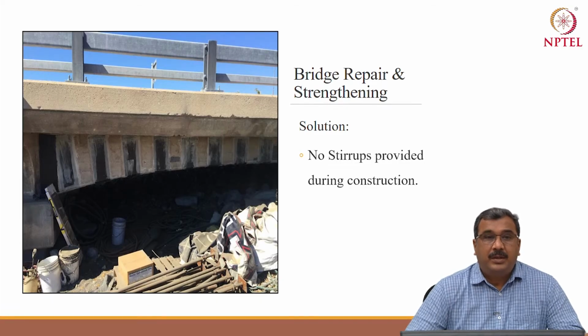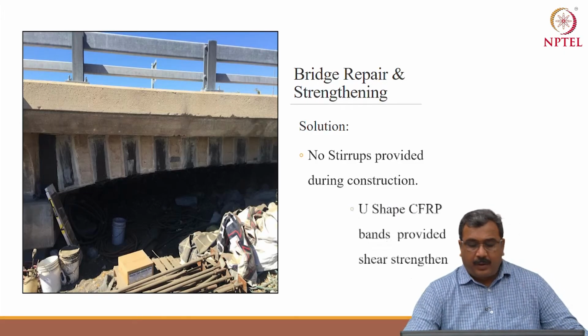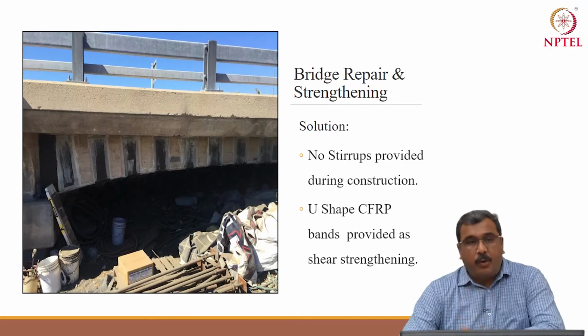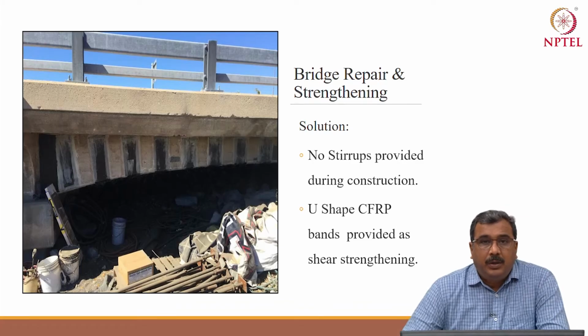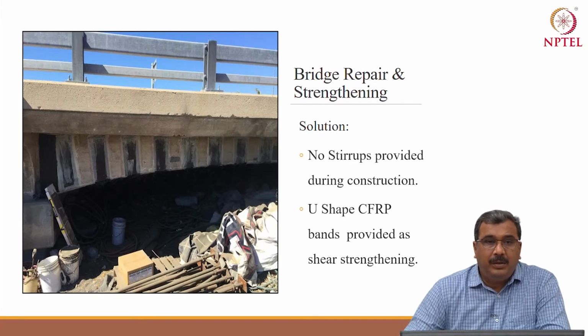So structural analysis has been carried out and shear reinforcement was provided using carbon fiber wrapping in U shape, as per the equivalent amount of steel reinforcement required for shear.